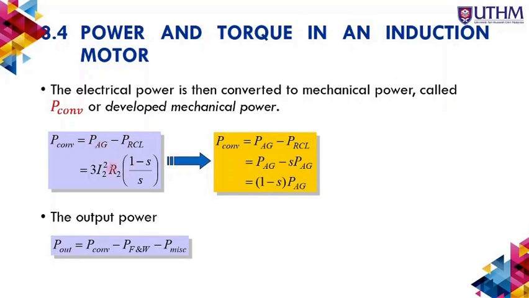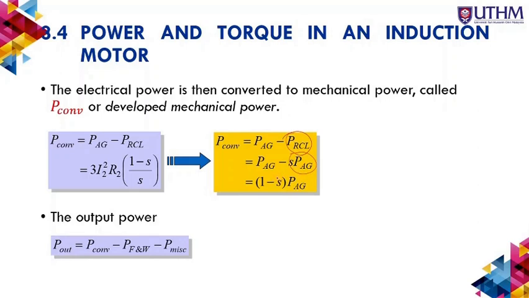Kita pun masukkan dia punya formula, gantikan. Okay, then kita akan dapat satu formula yang baru lah, ataupun dia punya simplify version lah. So ini kalau kita gantikan lah dengan S PAG ni, kita akan dapat satu formula yang lebih ringkas lah.